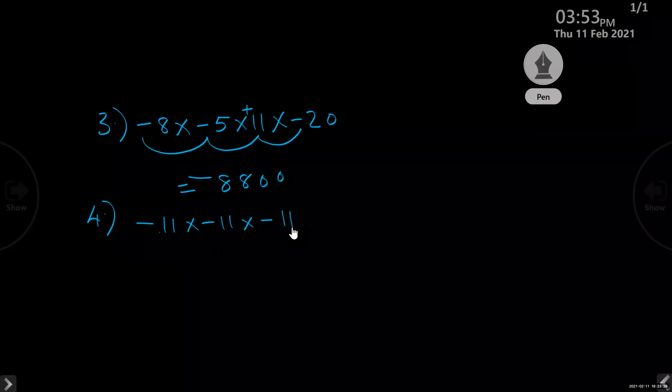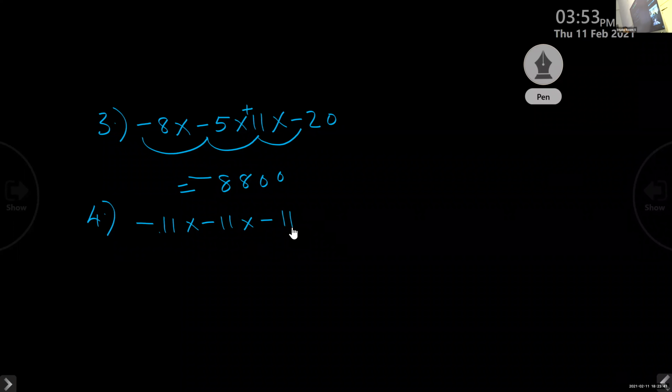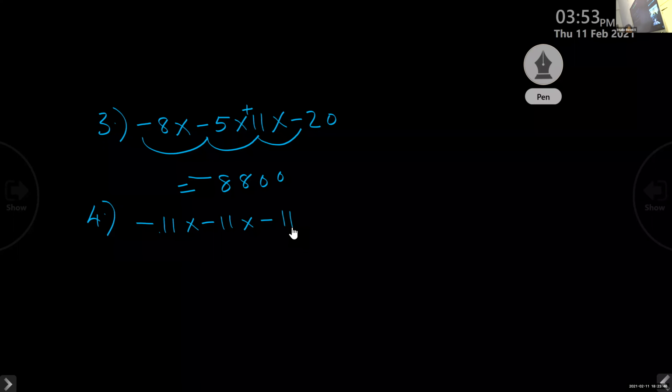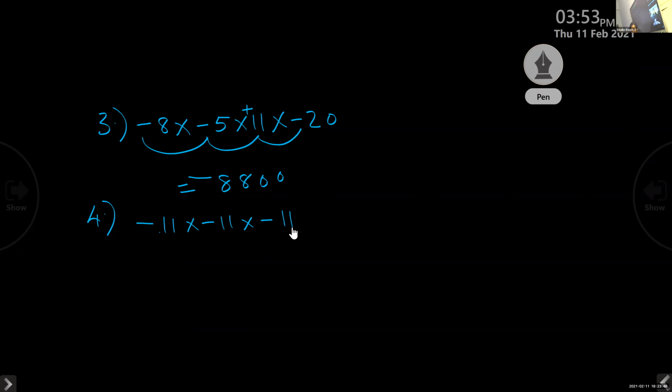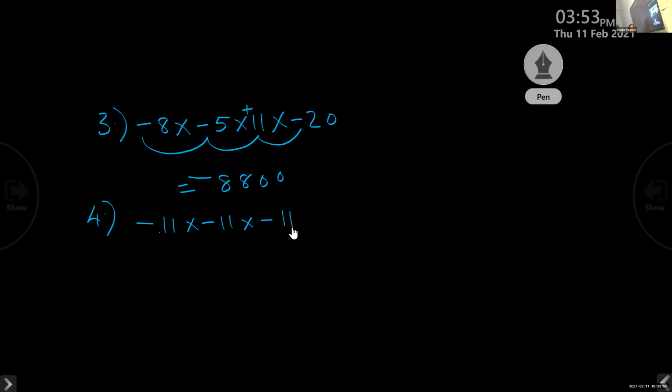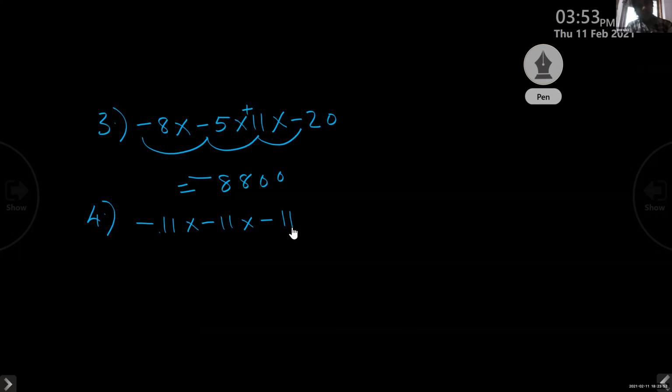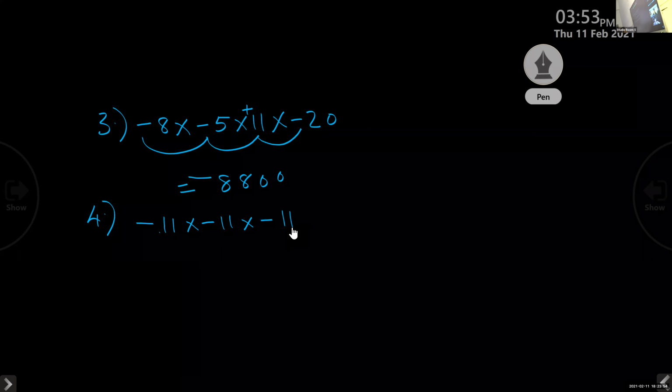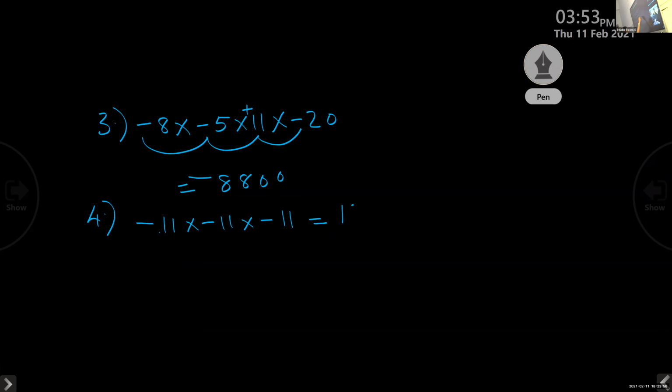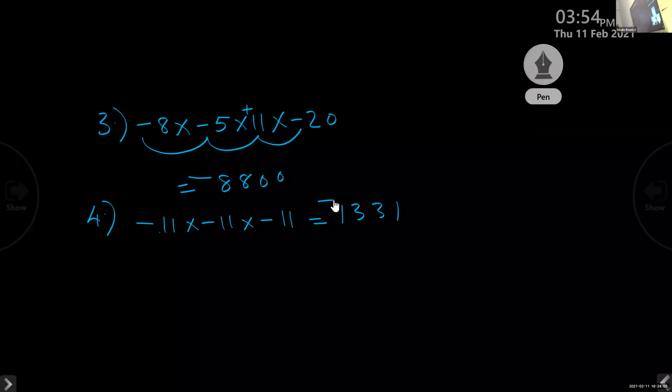I have told you, when negative numbers are multiplied an odd number of times, the answer will always be negative. When multiplied an even number of times, the answer will be positive. So the answer is negative 1331.